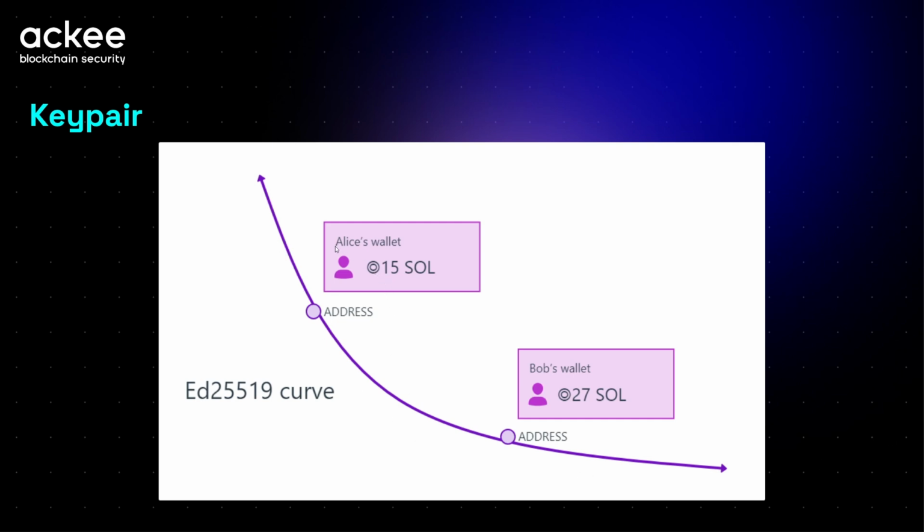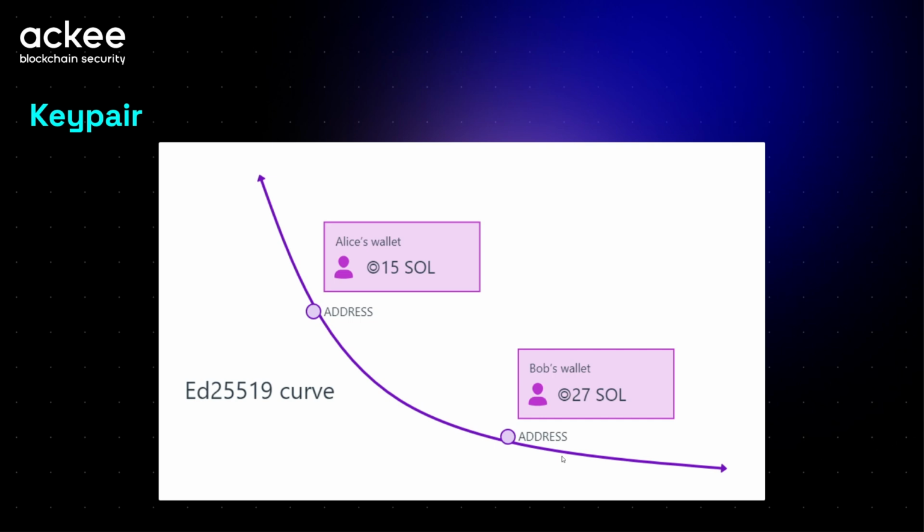So you can see we have Alice's wallet, 15 sol, and it is this point on the curve. Then you have Bob's wallet, 27 sol, and it is the next point on the curve. You can have someone else's wallet, and it will be somewhere here, and here, and here, and so on.